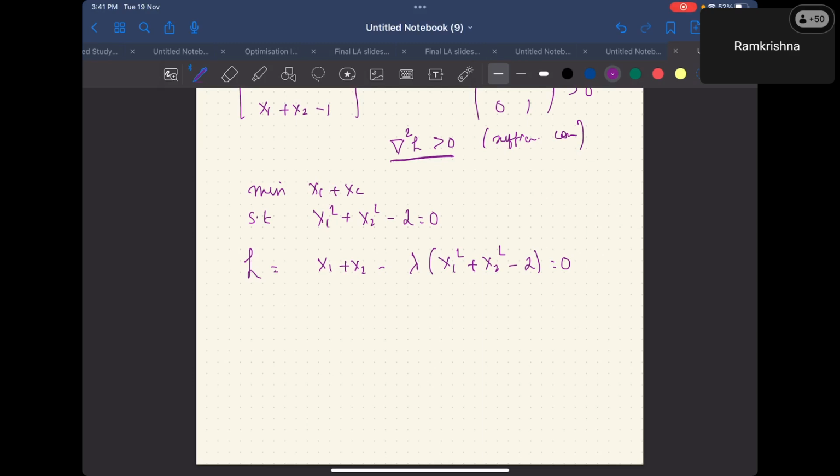What do we get from solving the first order conditions? The gradient of L with respect to x is 0, and the gradient of L with respect to lambda is 0. Can someone quickly compute and check how this looks?